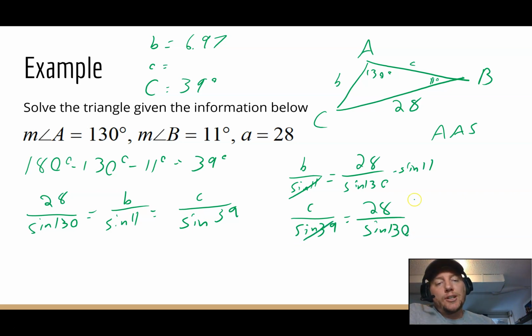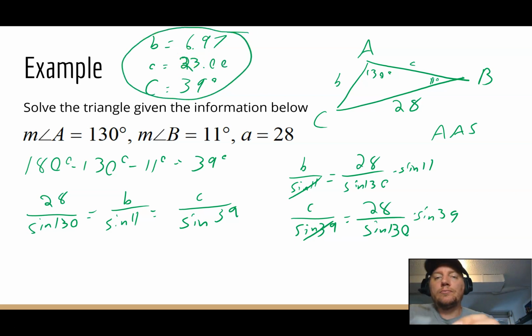Multiply both sides by sine 39, and I get an answer. So 28 times sine 39 divided by sine 130, and I get 23.00. And there are my missing measurements.